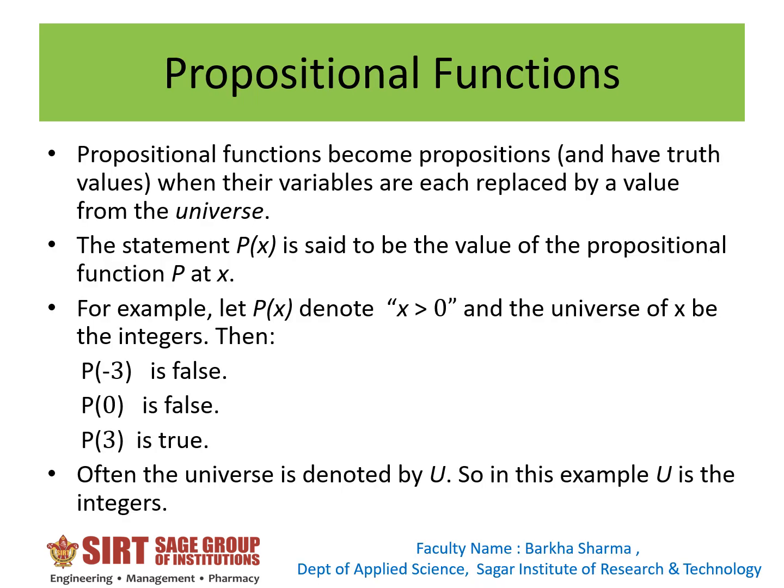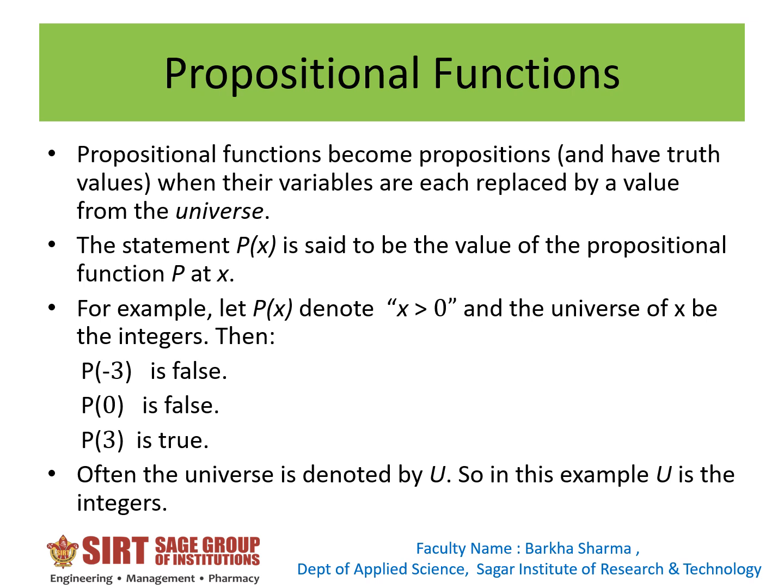Propositional function. A propositional function becomes a proposition and has a truth value when its variables are each replaced by a value from the universe. The statement P(x) is said to be the value of the propositional function P at x.